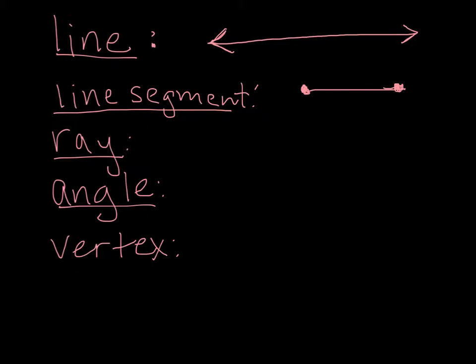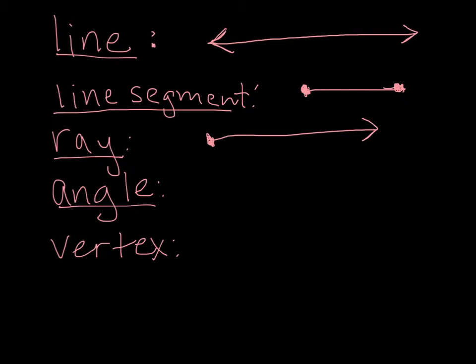Another vocabulary term that you need to be familiar with is the word ray. A ray has a starting point, so it'll have a dot, and then it extends indefinitely in one direction. Okay? So a line extends indefinitely in two directions. A line segment has an end on both sides, and a ray has an end on one side and then extends indefinitely in one direction.